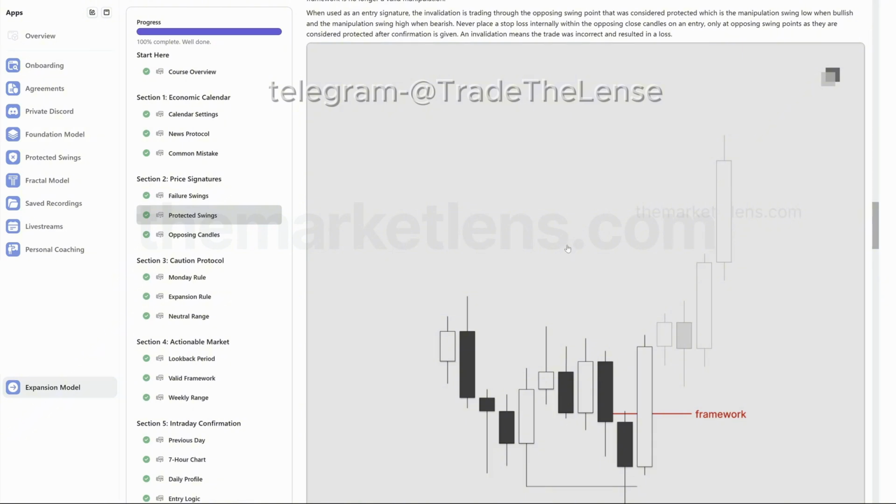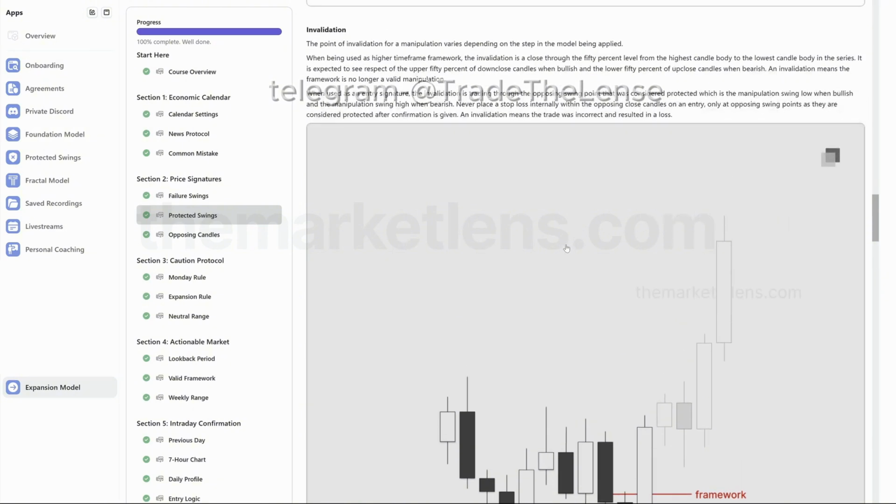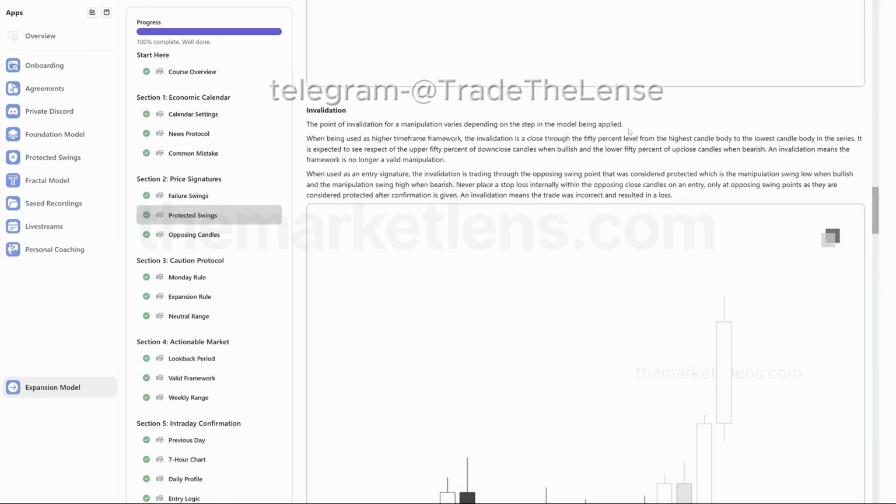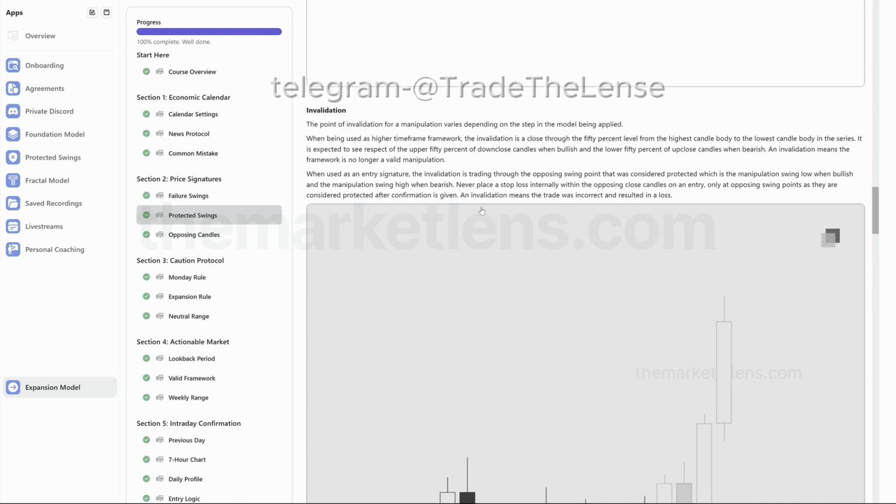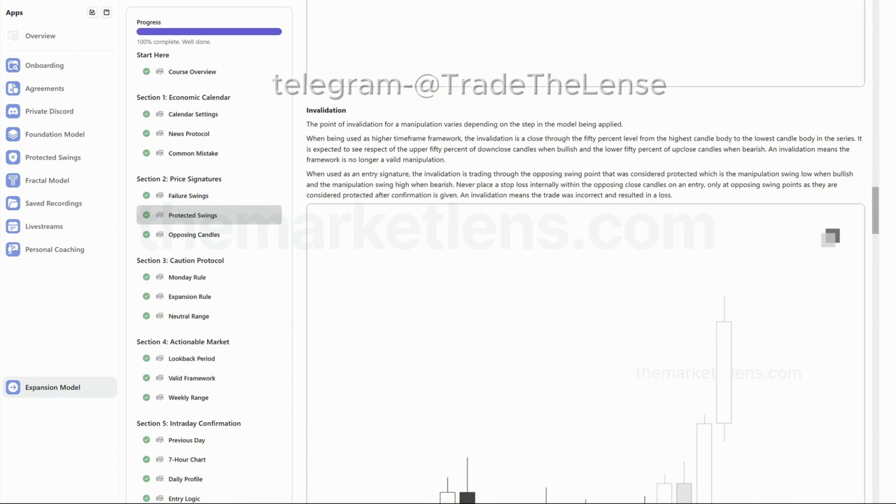This changed slightly from how I explained it before. In the last course, which I think could have been a little bit confusing, the way I phrased it was, it depends on the time frame being applied. The difference here is that time frames can kind of overlap in certain areas. So the way I'm explaining it now is, it depends on the step in the model that you are applying.